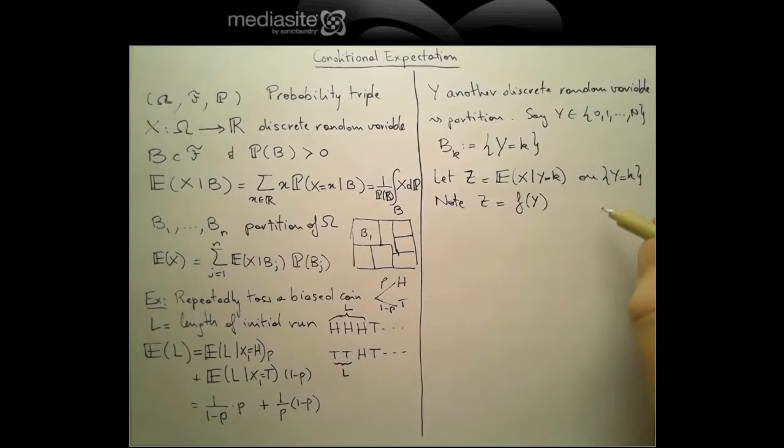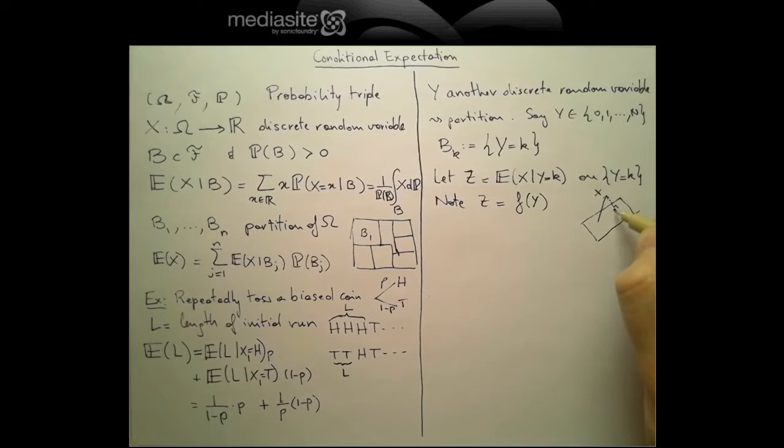So the language of projections here is very useful. You should think of a plane where all the functions of Y live in this plane. Then you have X, you think of X as a vector. And then you project down onto that plane, orthogonally.